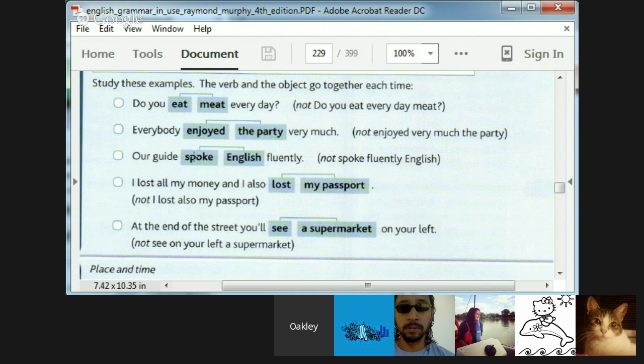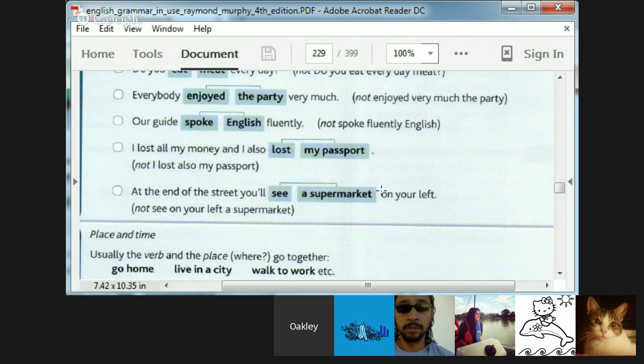When it's actually talking about the verb, not time, it's actually okay to do that. Actually, many times you should do that. But nonetheless, regardless, still our verb and object noun are together. That's the key point that I'm trying to make here. All right, and that goes for place as well.